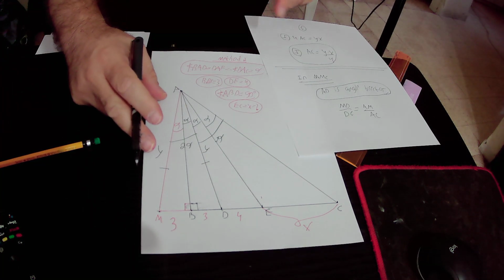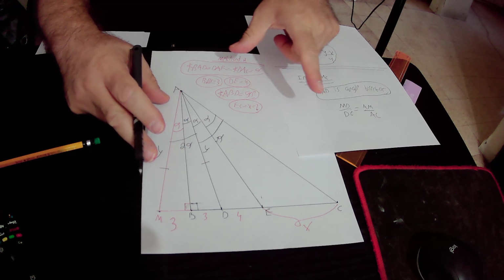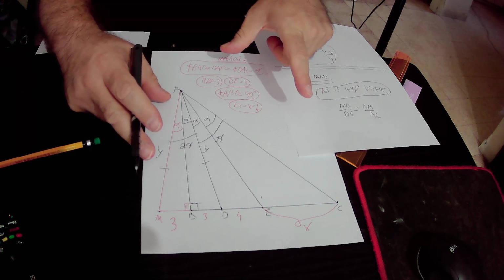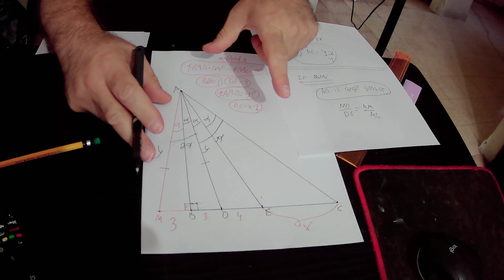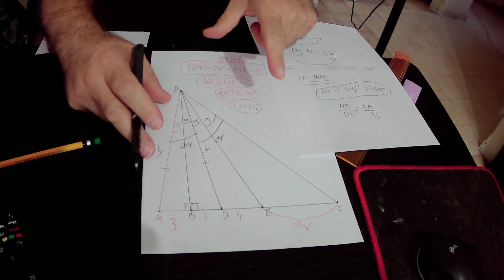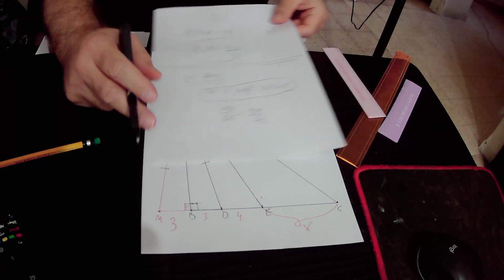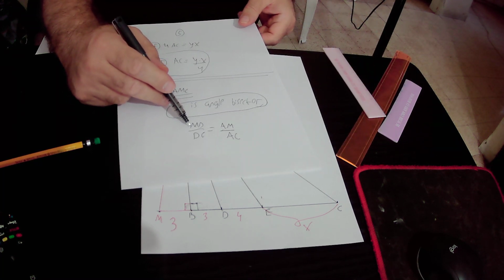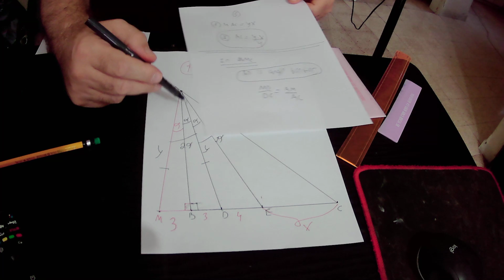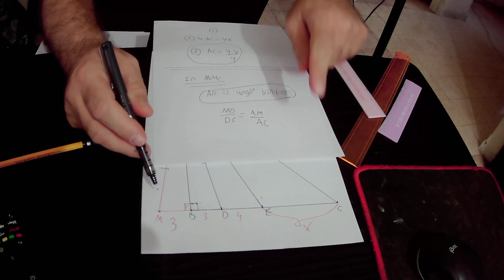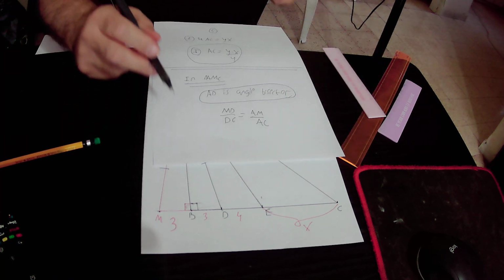The angle legs of angle MAC are AM and AC. So the ratio between the angle legs is AM over AC, and that ratio equals the ratio in which angle bisector AD divides MC. Okay?